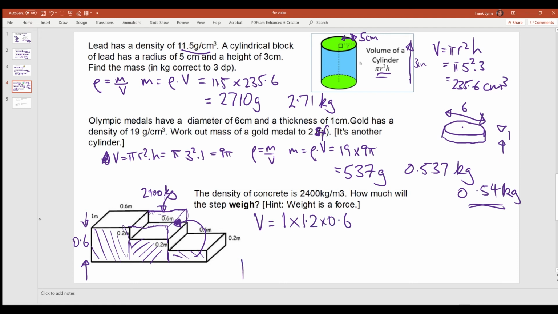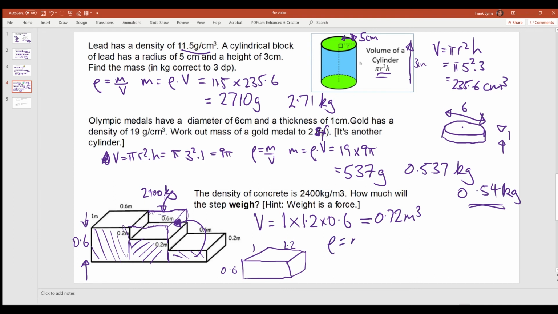In effect what we've got here is 0.6 by 1, and that is 1.2. So 0.6 times 1 times 1.2 equals 0.72 meters cubed.